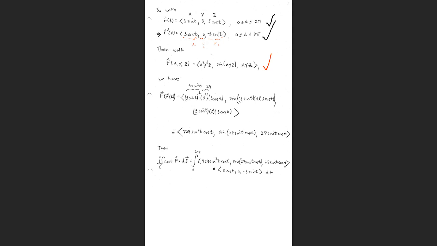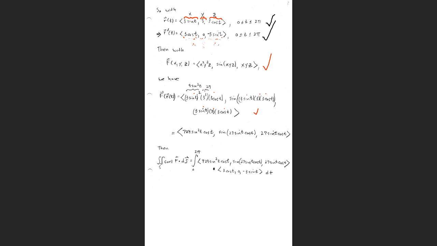No, the x, y, and z is here, right? This is the x. This is the y. This is the z. It's from r of t. So x, y, and z go here, here, and here, and they get put into the vector field.